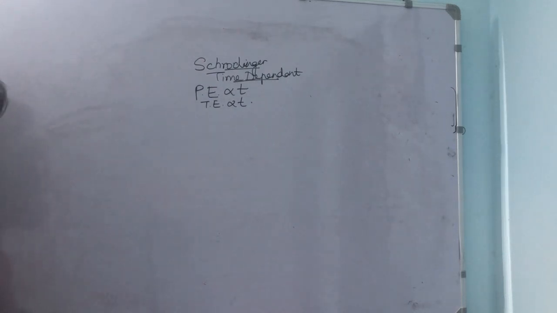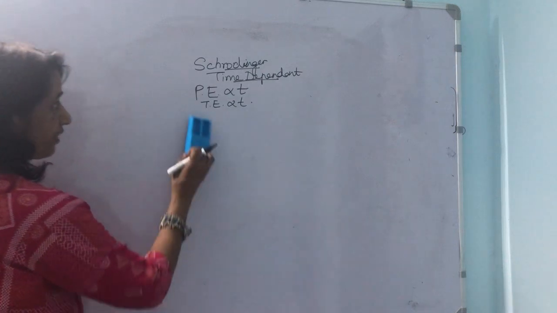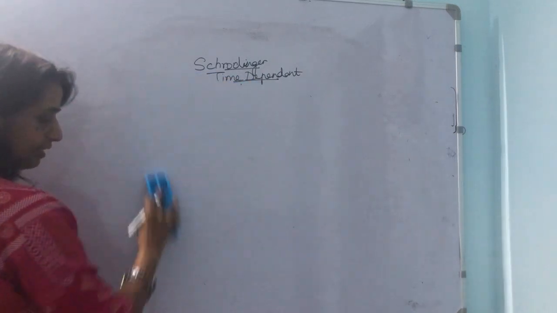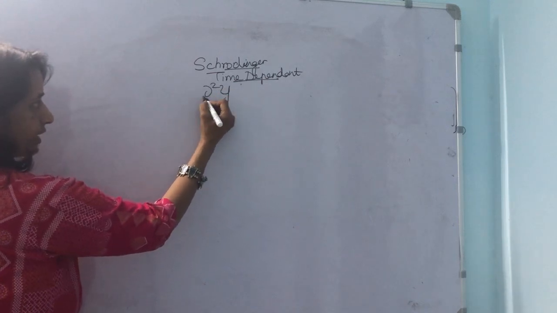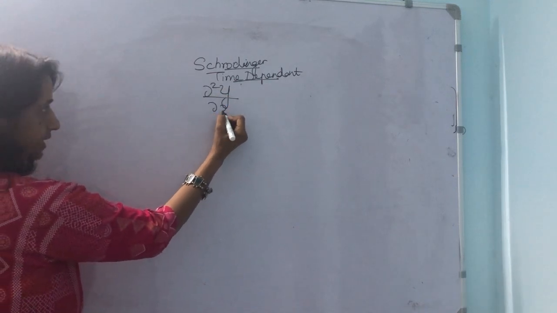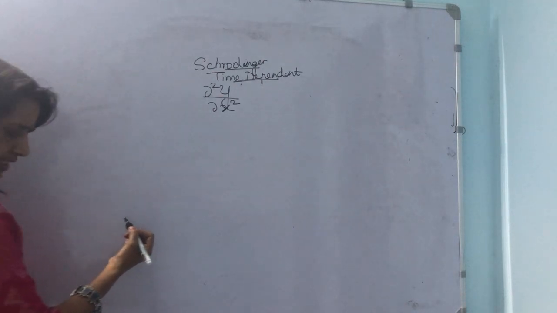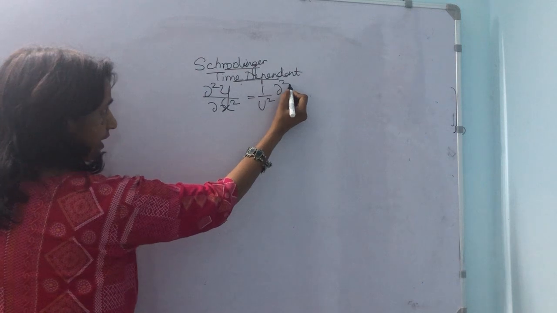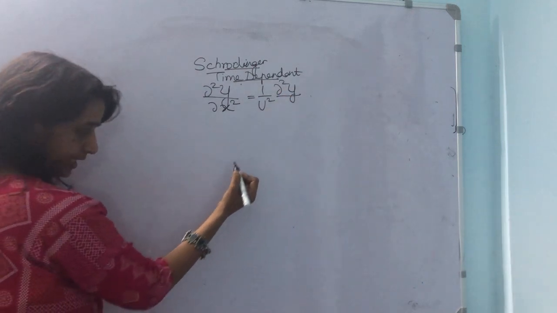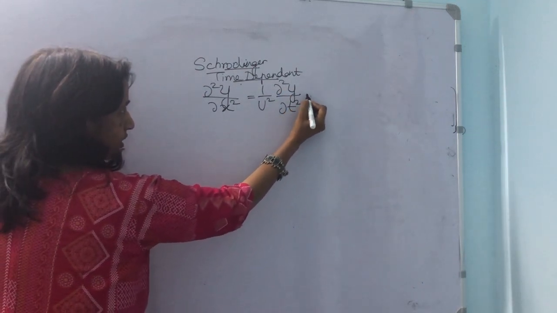Now in this case the particle is moving non-relativistically, first thing, and the differential equation representing a one-dimensional wave motion is given by del 2y by del x2 is equal to 1 upon v square del 2y by del t2.